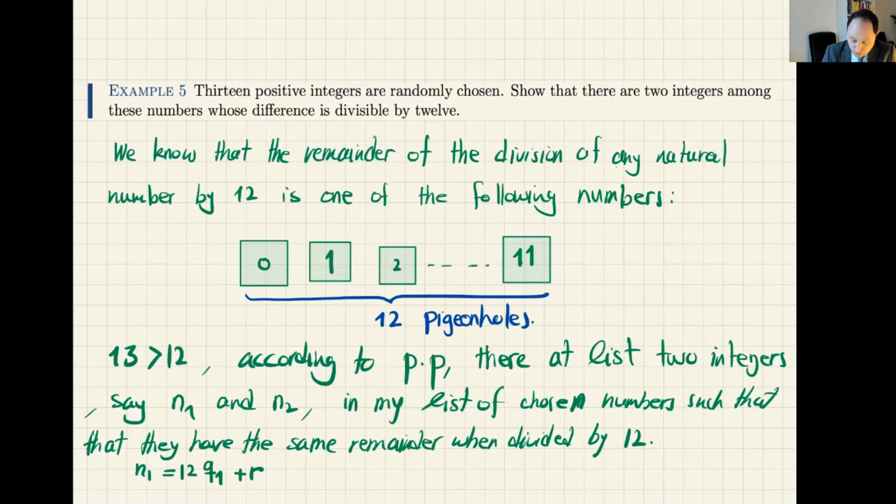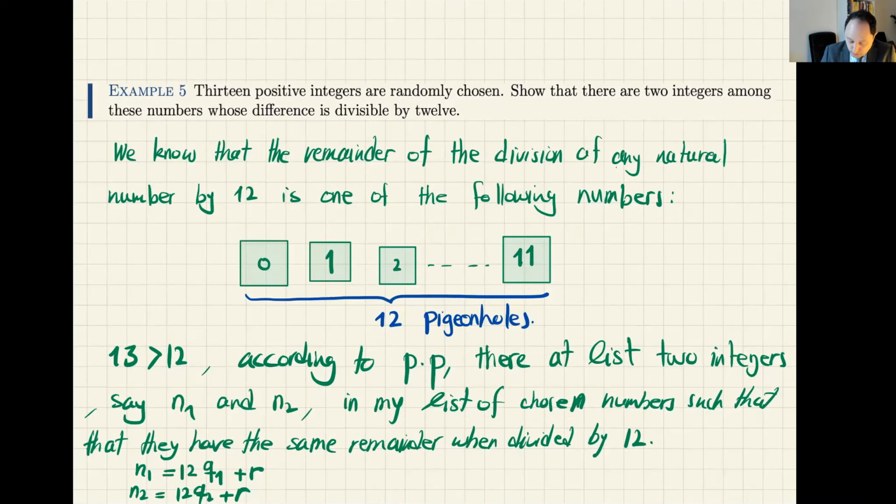And then N2 is 12Q2 plus R, but the remainder is the same, yes? Because there are at least 2 integers, say N1 and N2, so that the remainders by 12 are the same. This is why I do not write R1 and R2, because N1 and N2 by this argument have the same remainder when I divide them by 12.